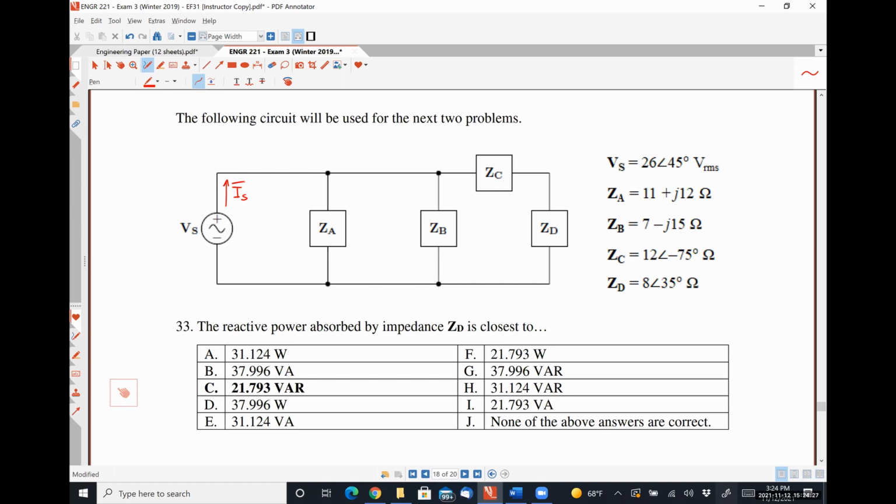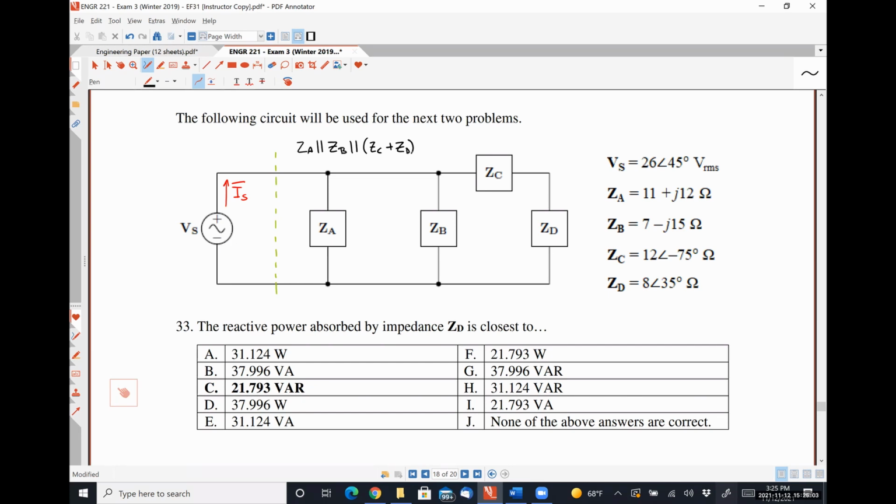Yeah, impedance combination, right? So effectively, this voltage source on the left-hand side doesn't care that it's 4 different things. We can combine them all together and treat it as a single equivalent impedance, where that equivalent impedance would be ZA in parallel with ZB in parallel with ZC in series with ZD.